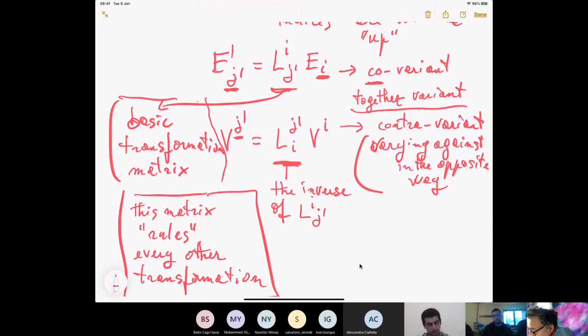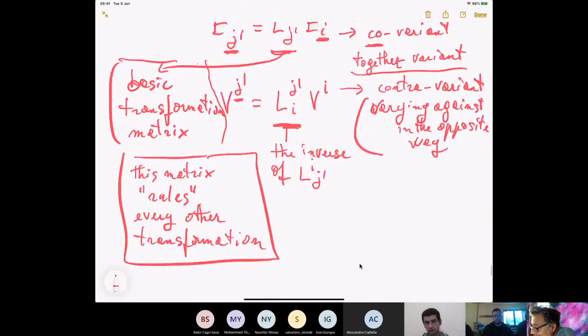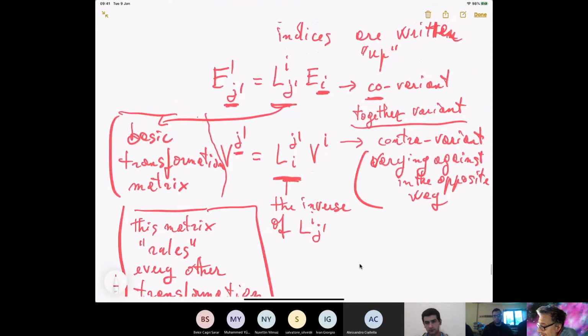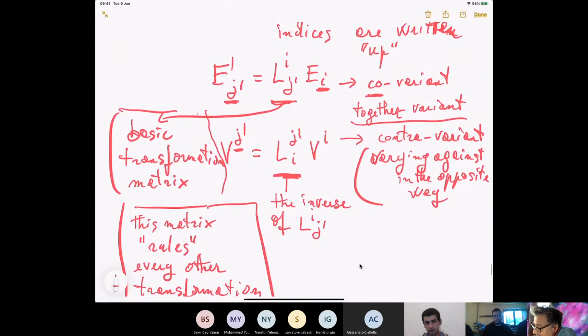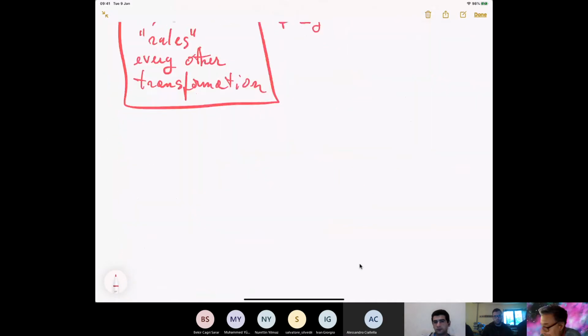Okay. So what happens now is that you have the basic rules of change of the components of a vector, knowing how the starting basis is changed.